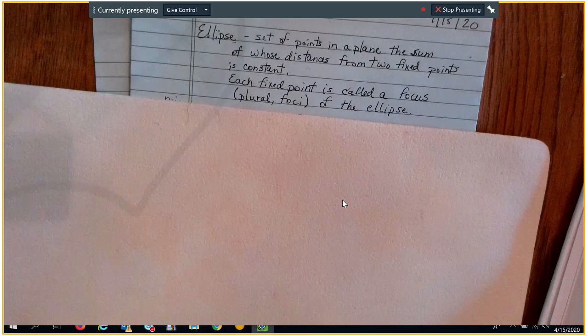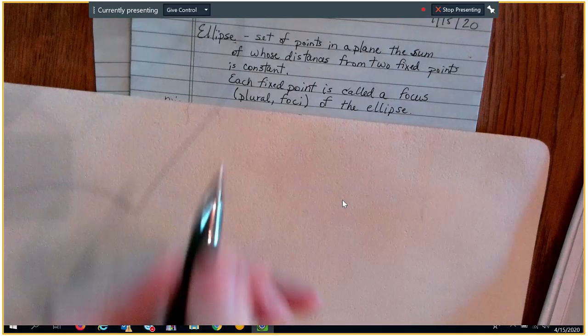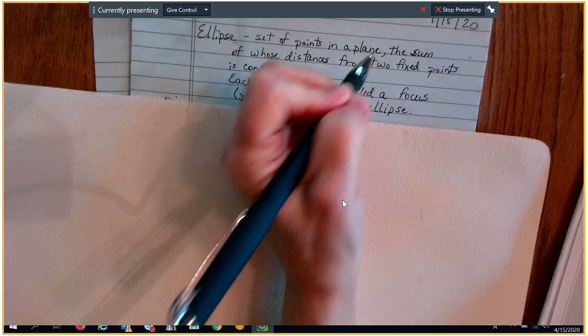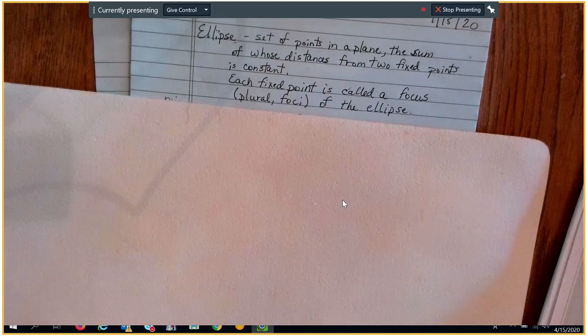The set of points in a plane, the sum whose distances from two fixed points is constant, and each fixed point is a focus, or the plural is foci, of the ellipse.